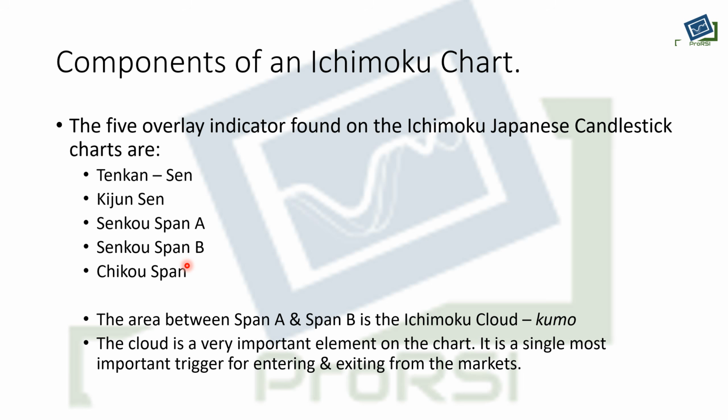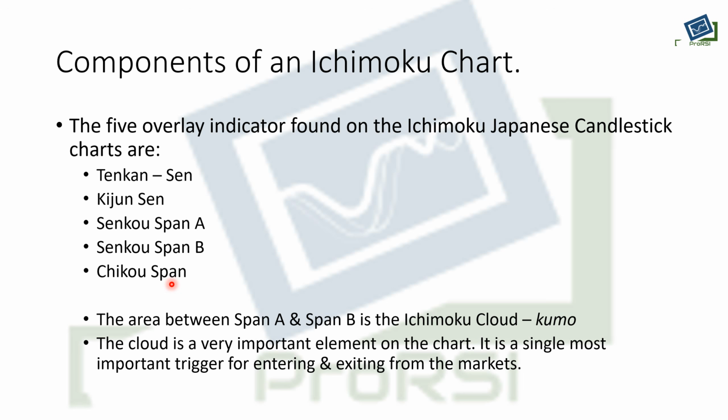So, what are the components of the Ichimoku chart? Basically, there are five lines. As I told you, there are Tenkan-sen, Kijun-sen, Senkou Span A, Senkou Span B, and the Chikou Span. So, these are the five lines. You don't need to memorize the terms, the words. You can just memorize the initials, and initially you may find it a little bit confusing, because these are new names altogether, and you do not find these very commonly.